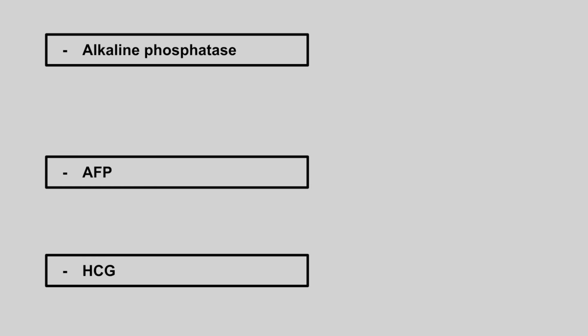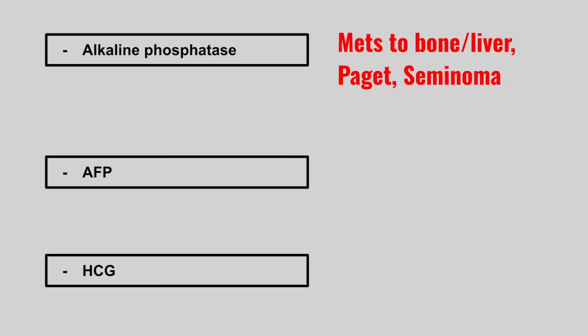So if we see an elevated alkaline phosphatase, which cancer are you going to be thinking of? This is metastasis to the bone or liver, or also it can be Paget's or a seminoma. Next, we have elevated AFP.